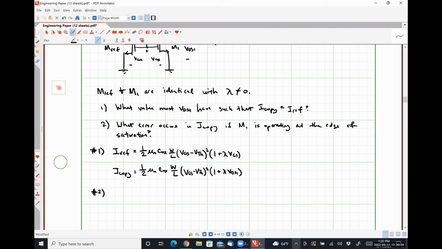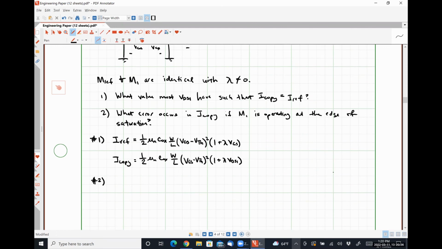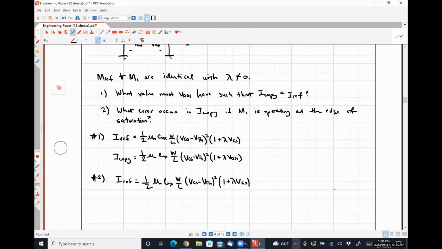So at the edge of saturation, IREF has the exact same value. It literally can't change. 1/2 μn Cox W over L, VGS minus VTH squared, 1 plus lambda VGS.